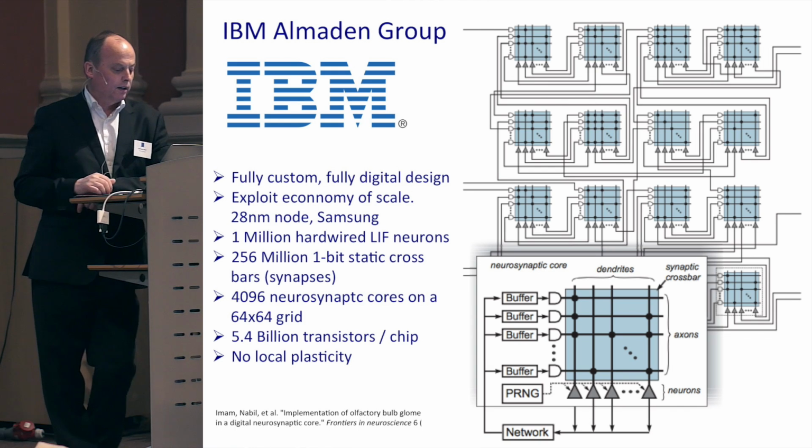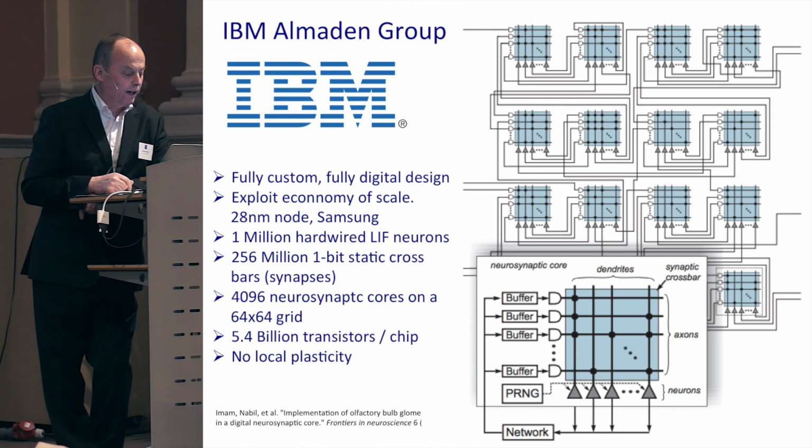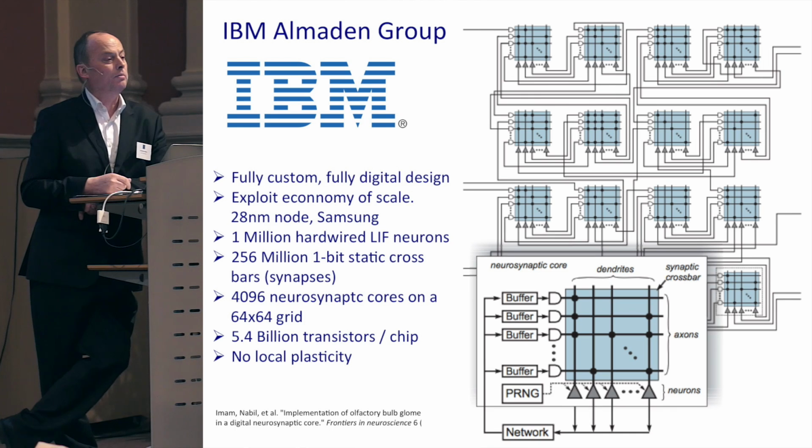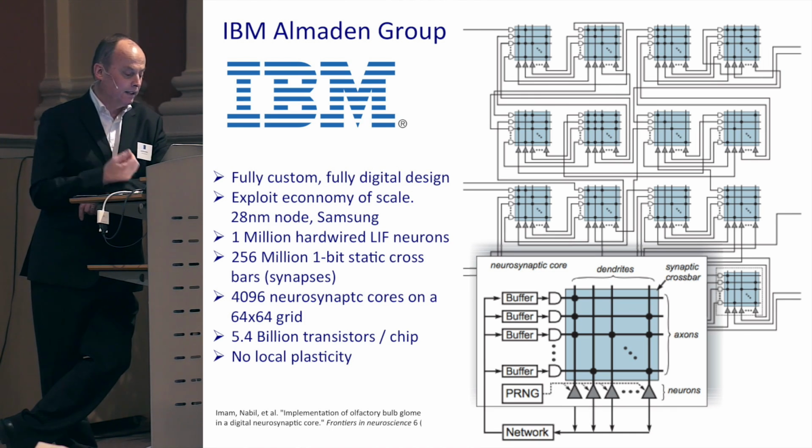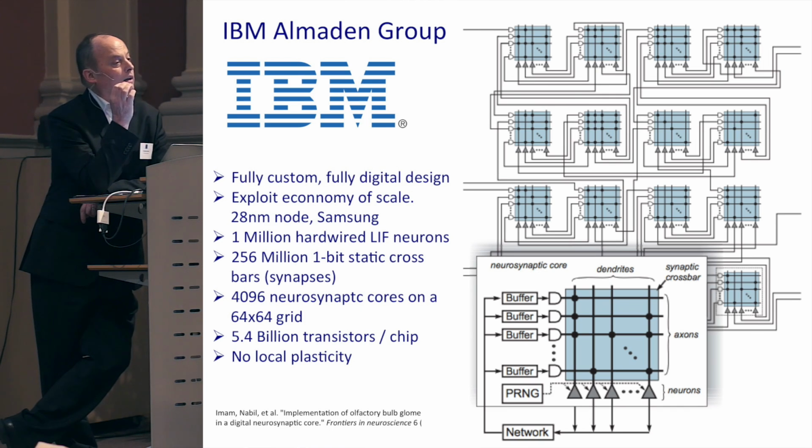IBM Almaden, as I said, fully custom, fully digital design. These people really exploit economy of scale by going to 28 nanometer, which amazingly is not IBM anymore, but Samsung, but that's not so interesting here. So they really go to extreme submicron sizes. I mean, there are even better ones now, but 28 nanometers is pretty good.